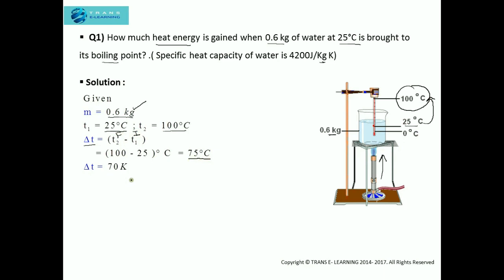And as I've told you earlier, whenever we are taking the difference of temperature, that is delta T, the change in temperature per degree Celsius will be equal to change in temperature per Kelvin. So we can write delta T as 75 Kelvin, and we will prefer this Kelvin unit because the specific heat capacity of water has the unit Kelvin, and we need to find the heat energy gained.